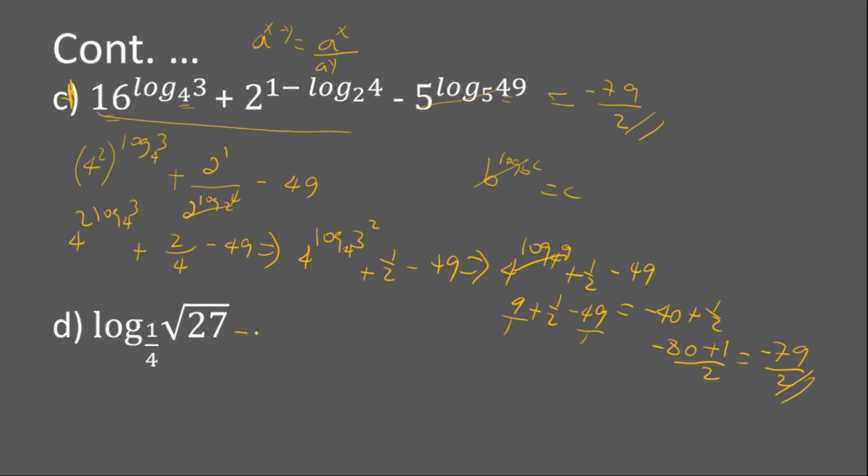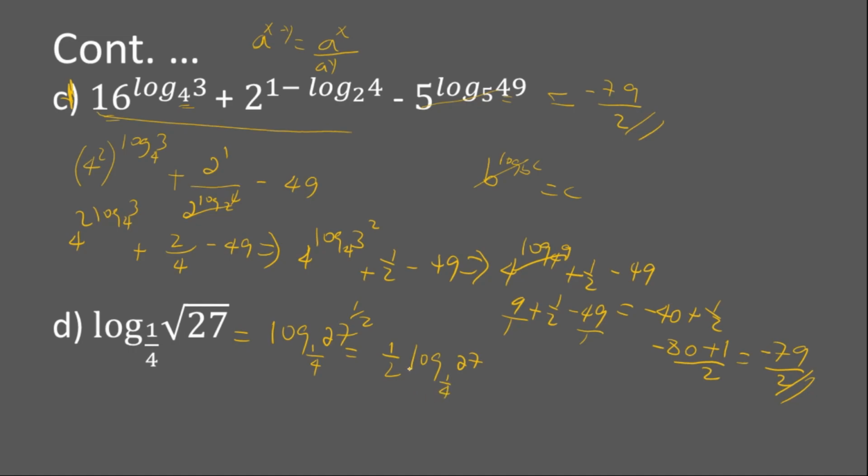This can be written as log 27 to the base 1 over 4, to the power of 1 over 2. There is no relationship between the number 4 and the number 27, so we can write this as 1 over 2 times log 27 to the base 1 over 4.